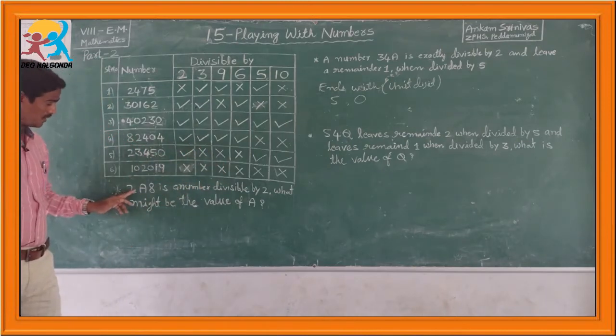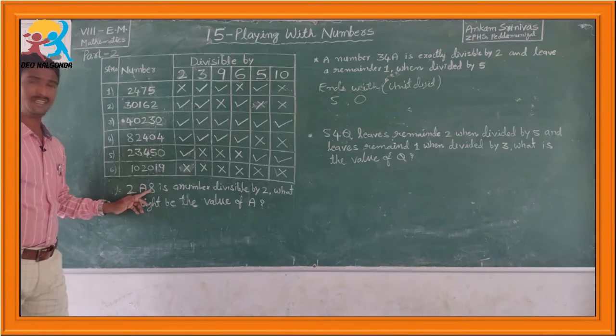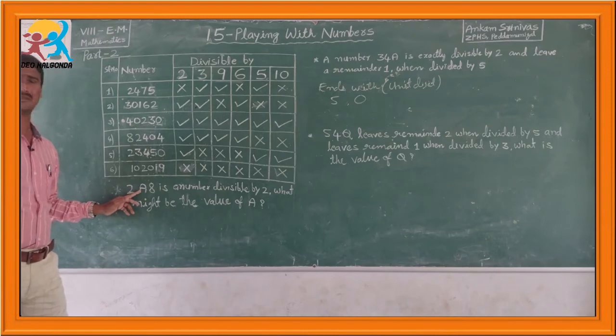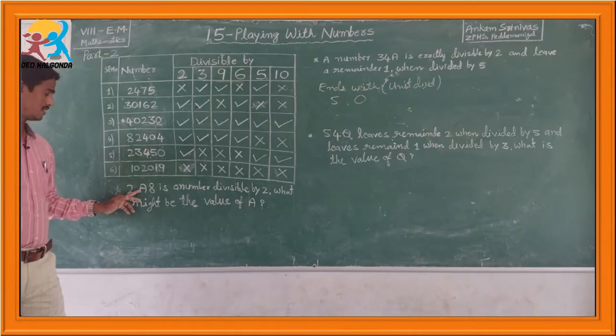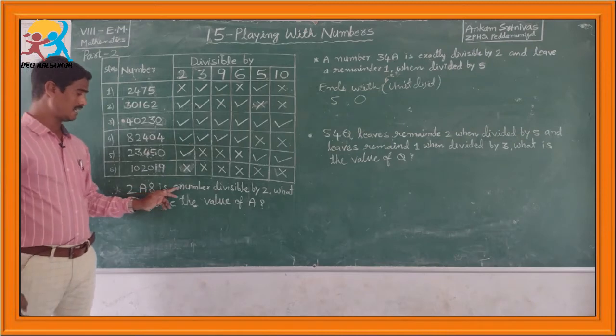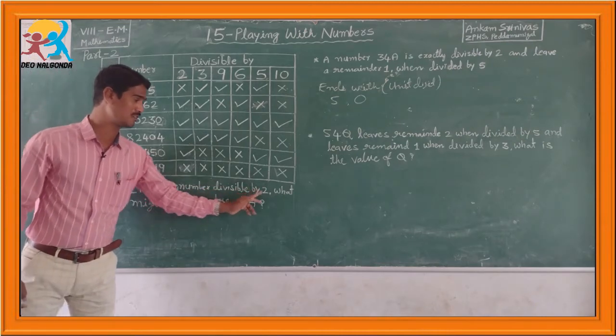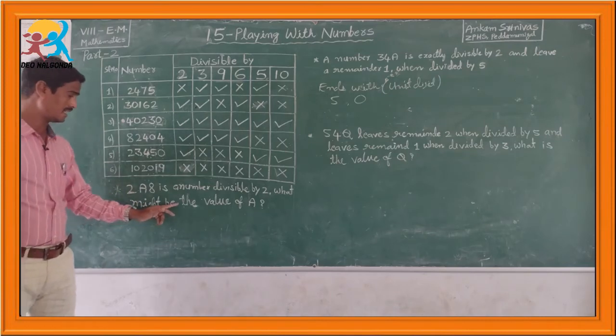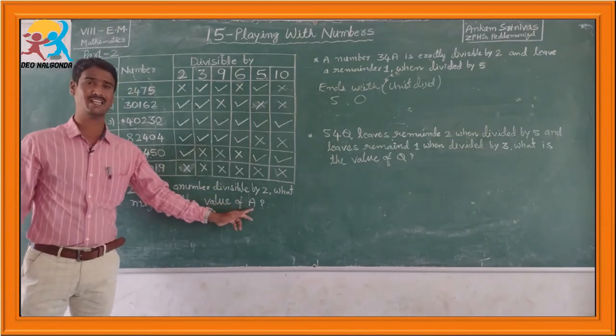Here 2a8. A is a single digit number. That means A may be 0, 1, 2, 3, and so on to maybe 9. So 2a8 is a number divisible by 2. What might be the value of A?